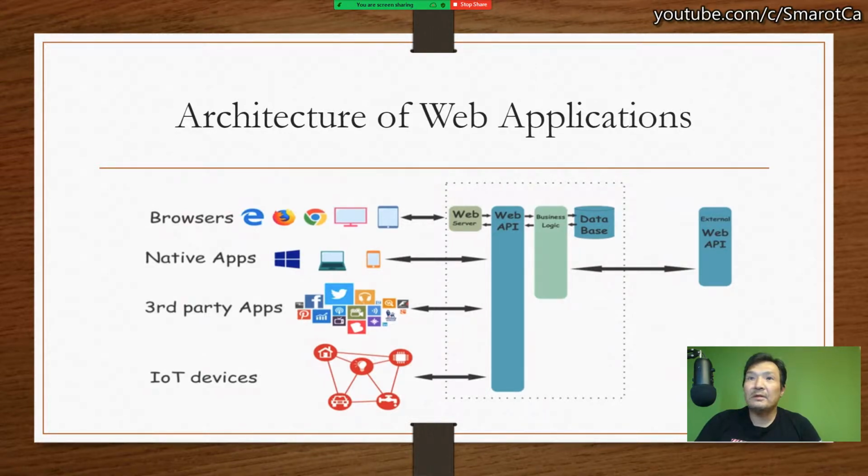For example, Slack. You can open Slack in the browser, but also you can download a native application for Windows or for macOS or for Linux. Also, you can download a mobile application for Android or for iOS, for Apple iPhones.